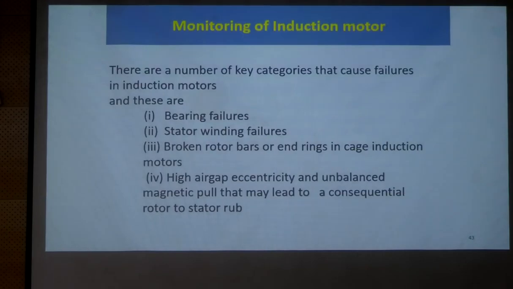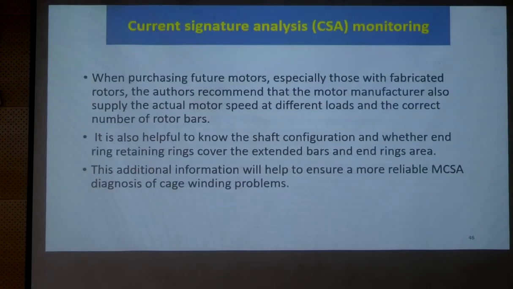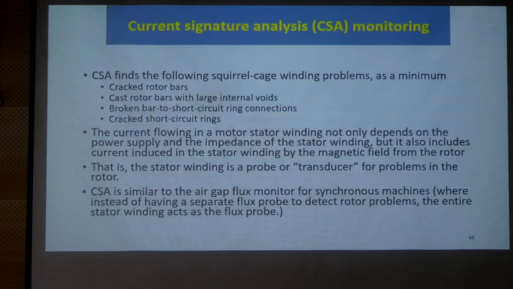All these things sir has explained clearly. These are different failures of induction motors. You can see CSA: cracked rotor bars, cast rotor bars with large internal voids, broken bar to short circuit ring connections, cracked short circuit rings. Different aspects we are able to identify.